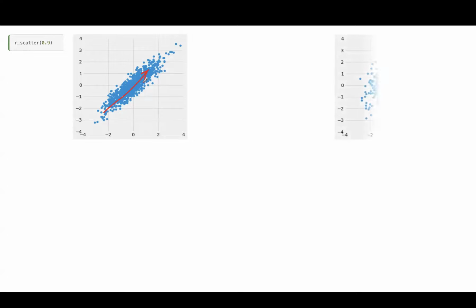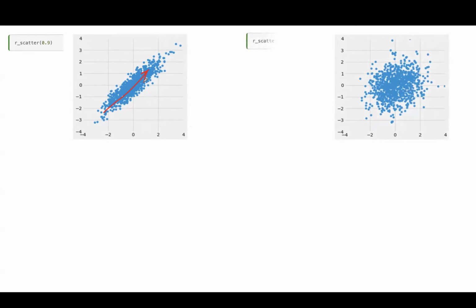So for example, if you pass in 90%, the visualization is going to be similar to this. You can easily recognize a linear trend, strong linear trend between X and Y. Well, if we see a graph like this, it means that you have a weak correlation. So this can be associated to 25%.